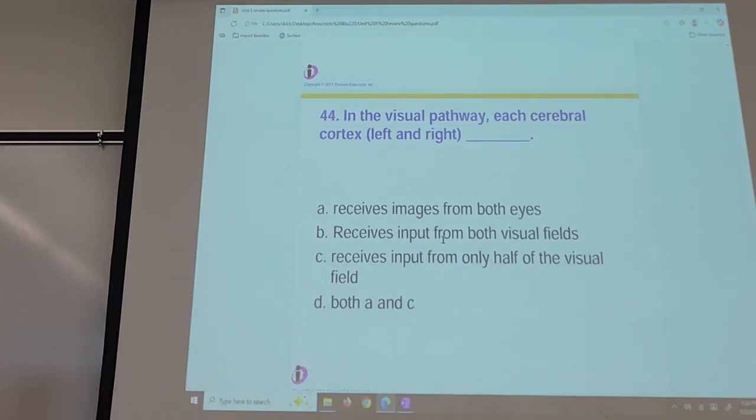It receives input from only one side or the other, so you're only getting half of the visual field. So the left cerebral cortex is responsible for the right visual field, right? The right visual cortex is responsible for the left visual field, okay? So the answer is C.